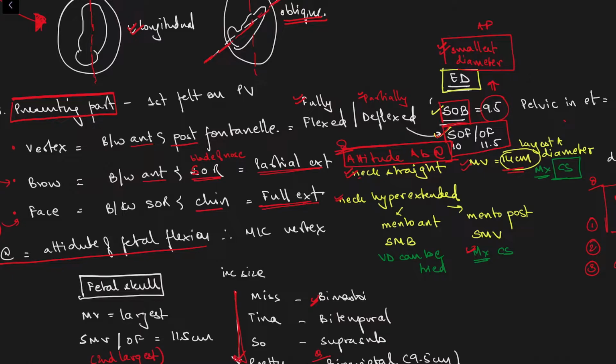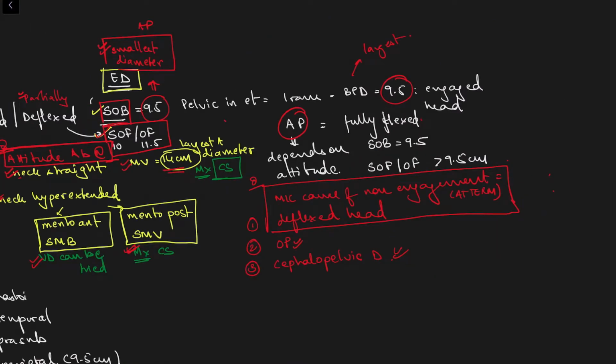In face, the diameter can be either submentobregmatic if the position is mento-anterior, or submentovertical in mento-posterior position. For mento-posterior position, we need to go in for a C-section, but if the position is mento-anterior and the engaging diameter is submentobregmatic, then a trial of vaginal delivery can also be done. For the baby to pass through, the largest diameter should pass through the pelvic inlet, right?